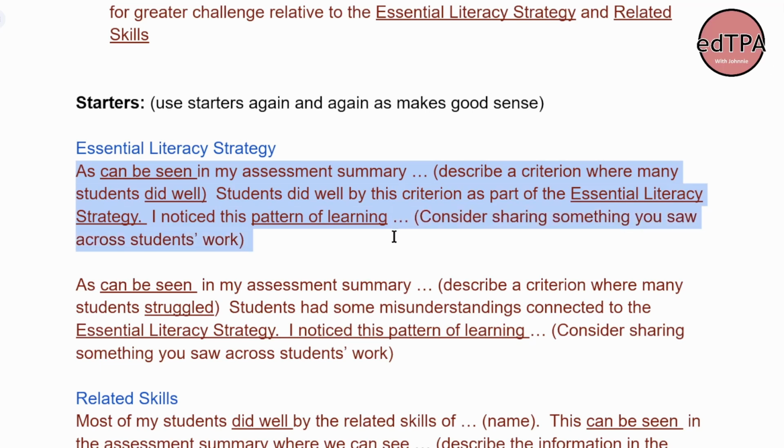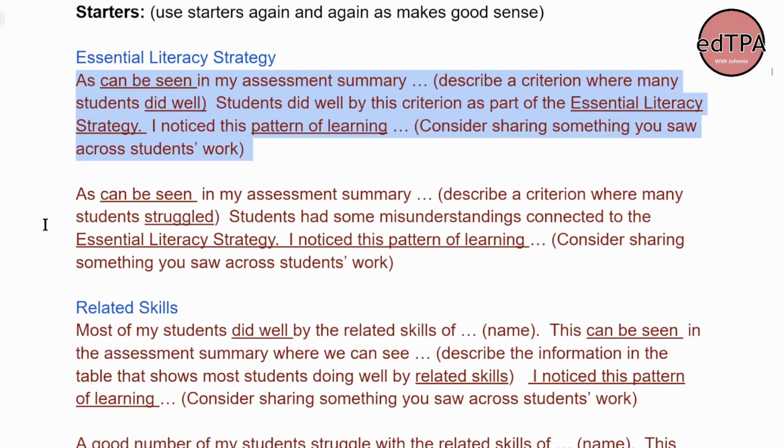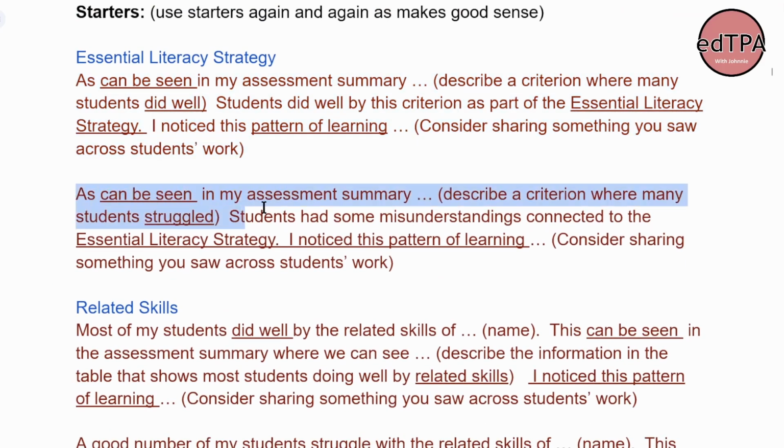Okay. And then you continue. As you can see in my assessment summary, describe a criterion where many students struggled. Students had some misunderstandings connected to the essential literacy strategy. I noticed this pattern of learning. Consider sharing something you saw across students' work.